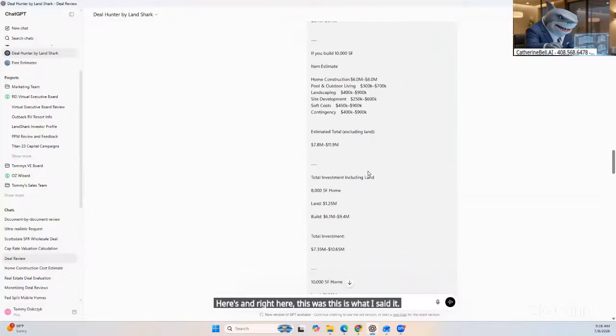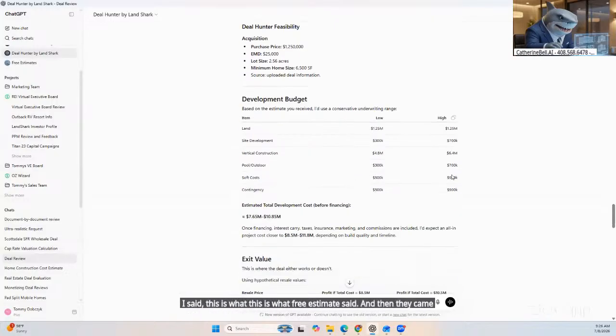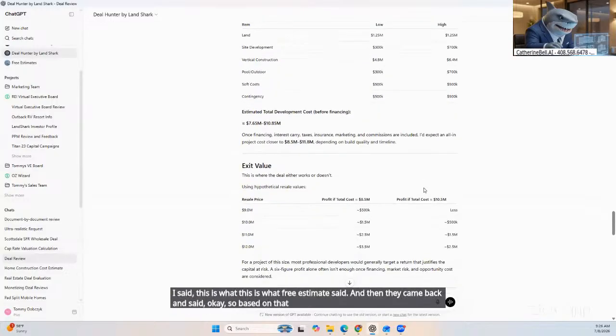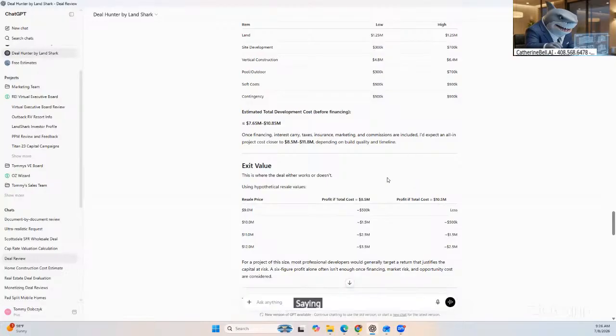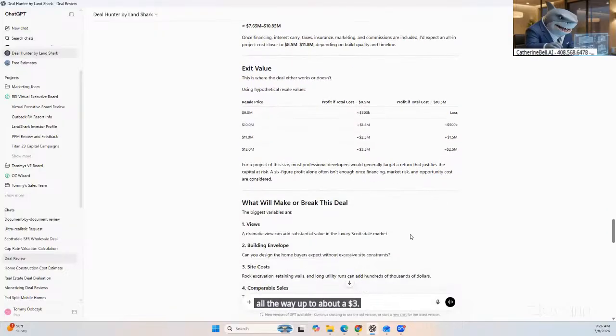I said, this is what free estimates said. And then it came back and said, based on free estimates saying what it's going to cost you to build it, if your resale price is 9 million to 12 million, these are your profits. So you could have a loss all the way up to about a $3.5 million gain.